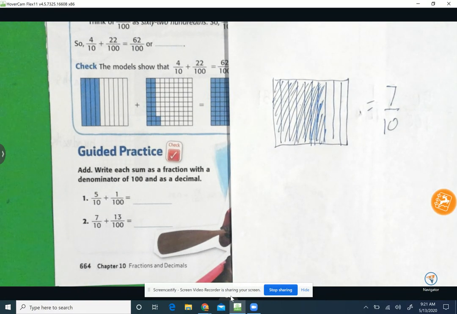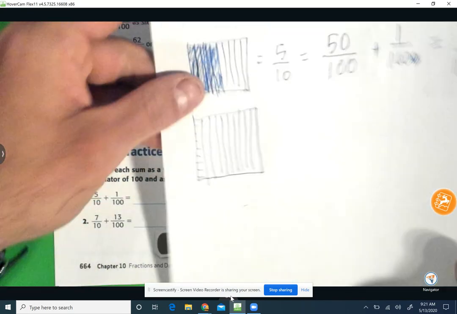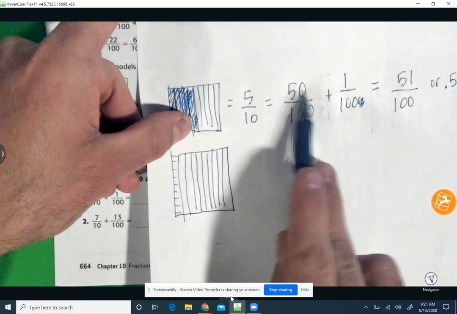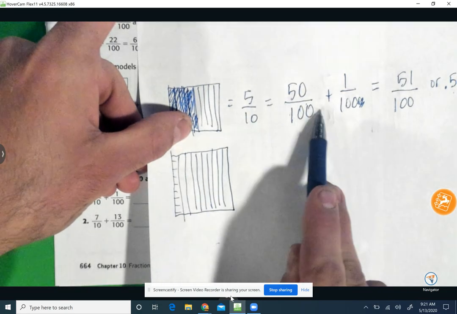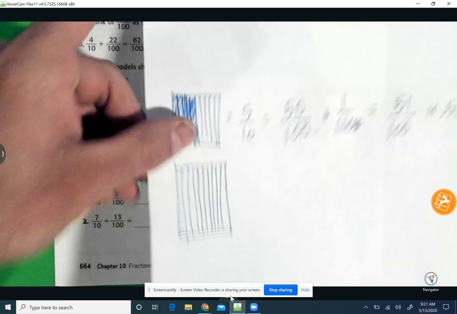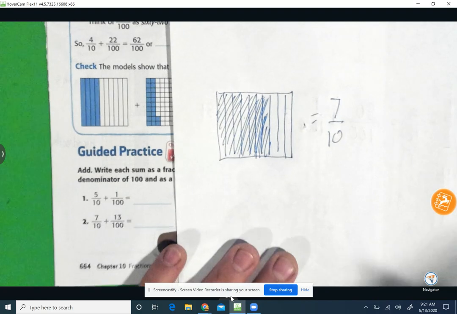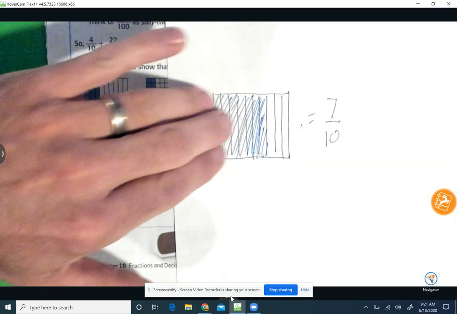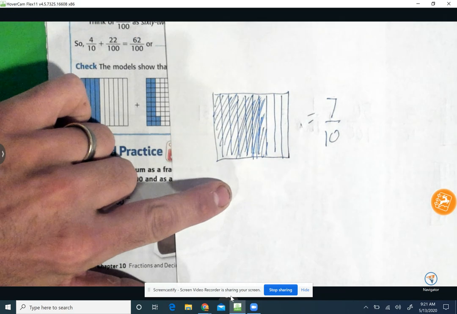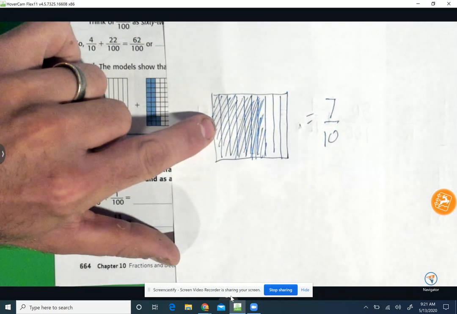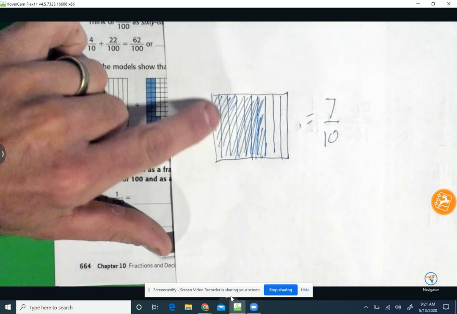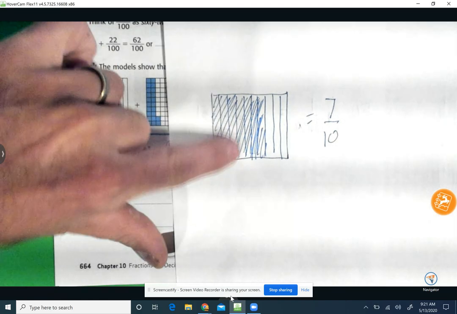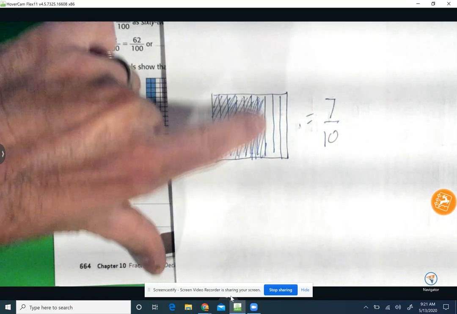Right? Okay. But to change that into a denominator of 100, maybe you can see the pattern, but all we're doing is adding a 0 to the numerator and to the denominator. Okay. So if we want to take this chart here and imagine that this is in hundreds, we'd have to imagine that there are 10 cubes in each one of these 10 bars, right?